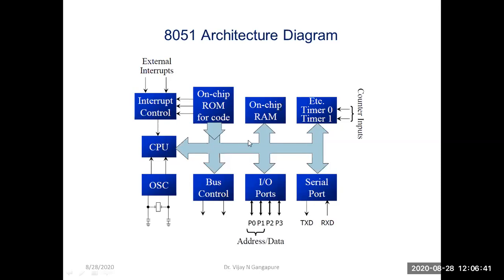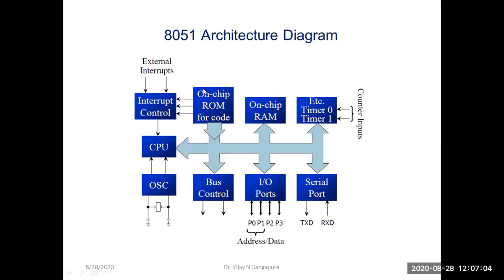So this CPU is connected with all other peripherals. So remaining blocks are actually control units and peripherals. So this CPU is connected with all these peripherals and control units with internal system bus. Okay. So see other blocks.